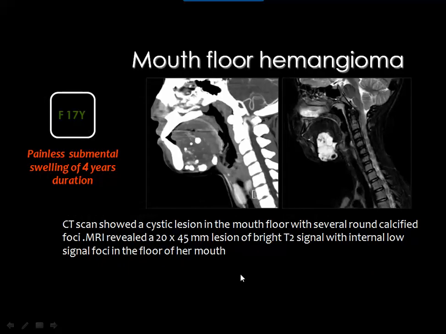Also, sometimes you are confronted by this lesion, which is classic in appearance by CT and by MRI. This lesion is a cystic lesion in the floor of the mouth with multiple foci of calcification representing phleboliths.